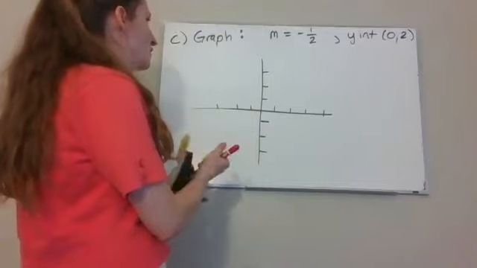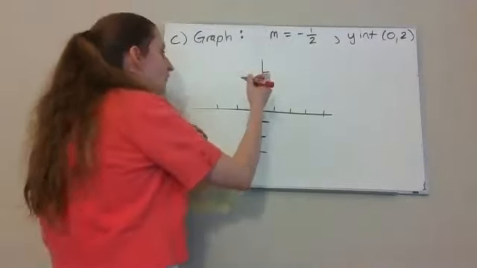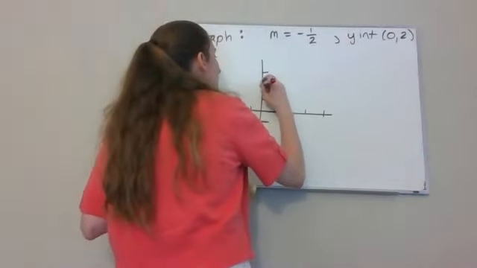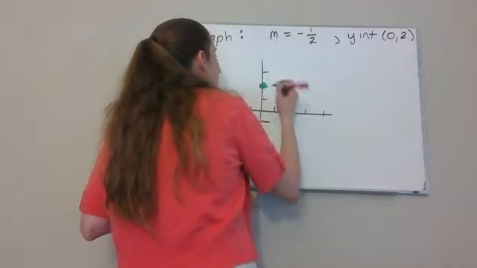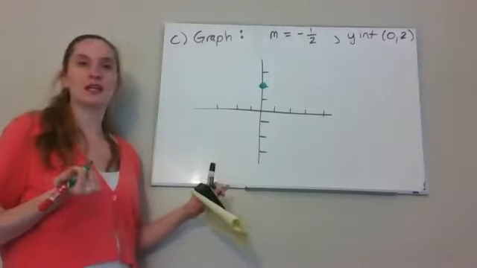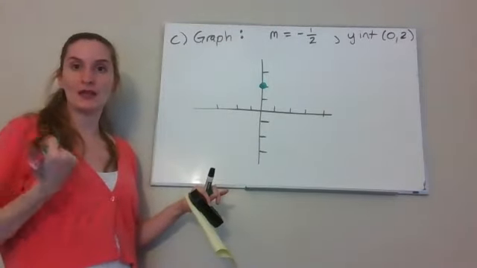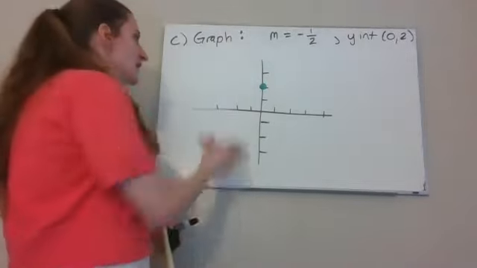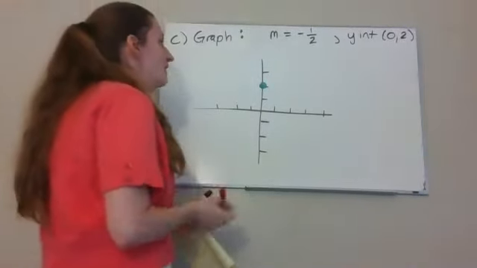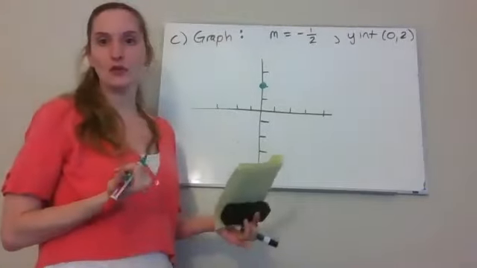So the first thing I'm going to do is put my y-intercept on the graph. The way I personally remember how to do that is, remember your y-intercept comes from the b in y equals mx plus b. B is where you begin when you're graphing. So you begin by putting your b on there, and then the m is how you move.